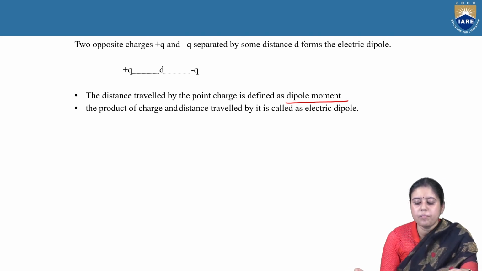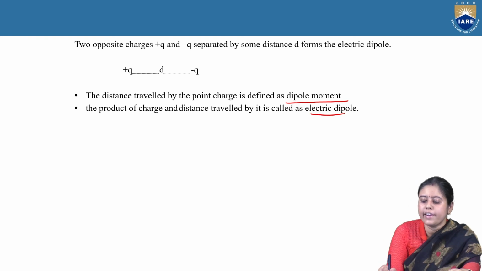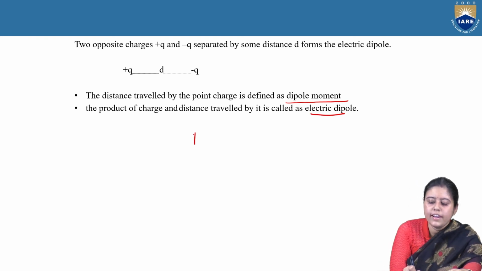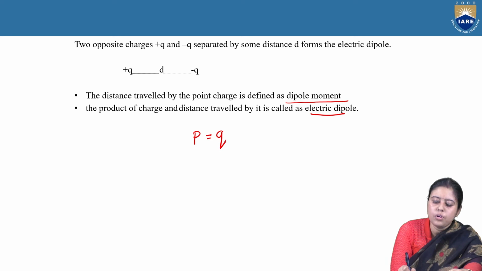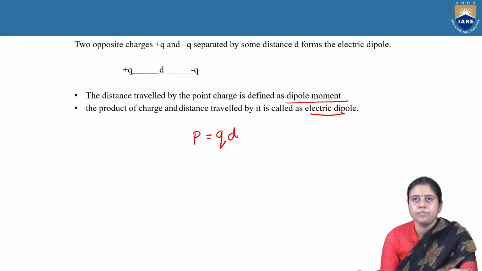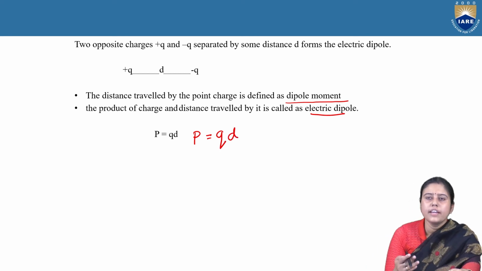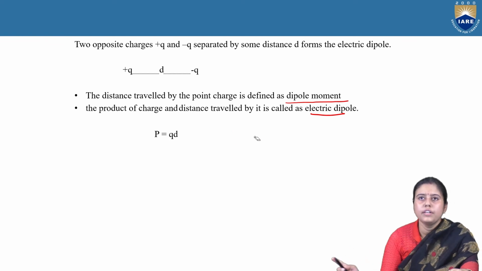And the product of the charge and distance is known as the electric dipole. As I told, electric dipole P is equal to Q into D.